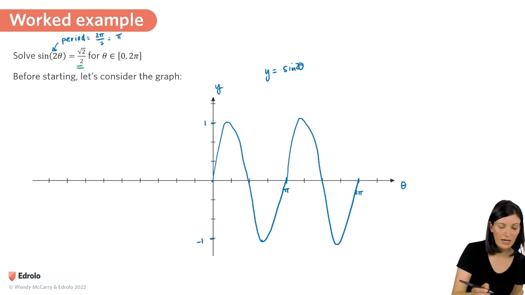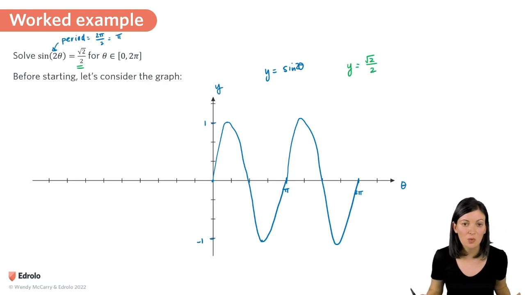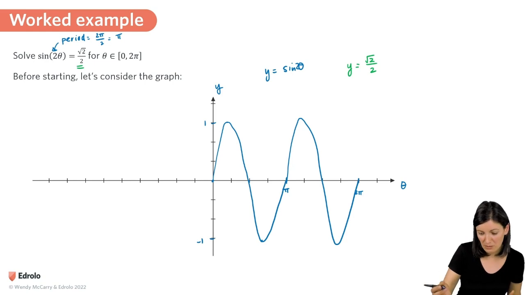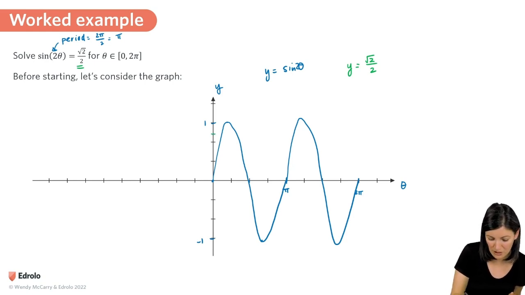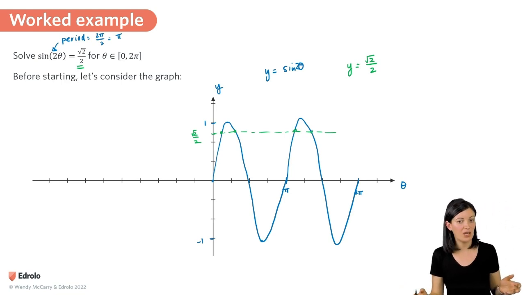Now, if I look at the right-hand side of the equation, I'm going to draw in y equals root 2 over 2, which is going to be a straight line. Root 2 over 2 is some value less than 1, so let's just say it's about here. And you can see that within this domain, I'm going to have 1, 2, 3, 4 solutions, okay?